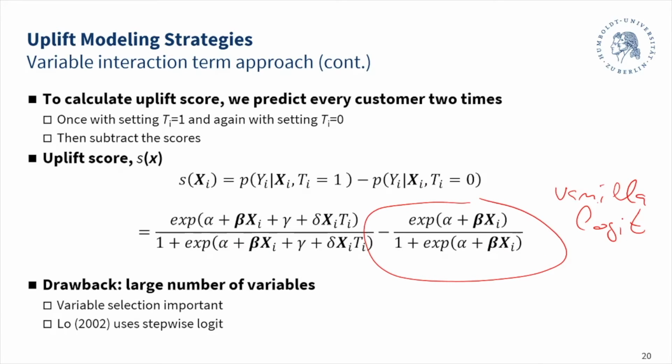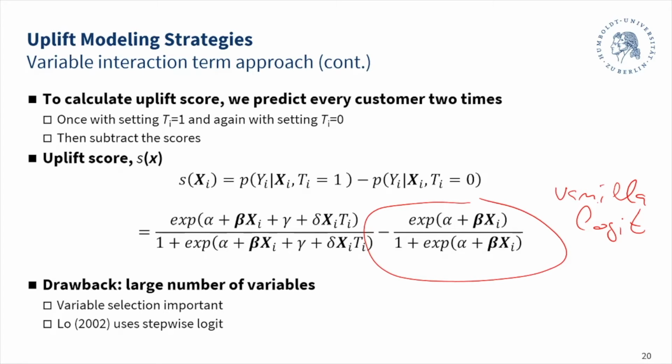Isn't that nice? This is why I use T as a symbol. Now I know why. Now for the new customer, it's a new campaign. This customer wasn't treated in any way. I have no value for T. I just use my models estimated before to predict what's going to happen.